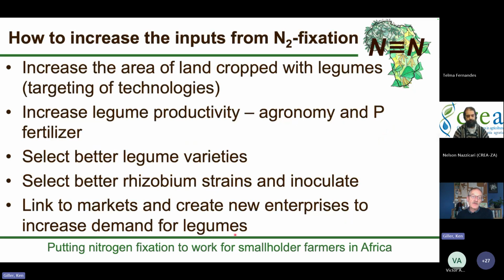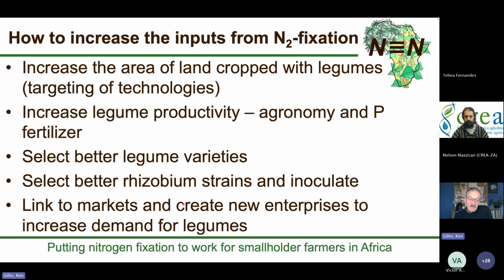So the approach we used then to increasing inputs from nitrogen fixation was, first of all, trying to get more legumes into the farming systems using a technology targeting approach. We were looking at increasing legume productivity, so particularly good agronomy and phosphorus fertilizer being important there.